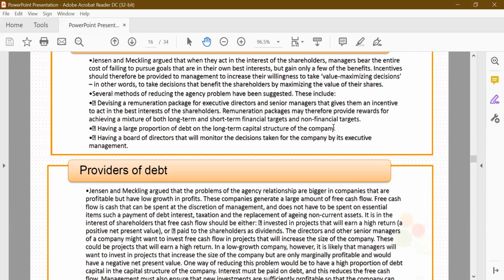Especially for companies that have a large amount of free cash flow, there might be back and forth on how to spend that cash flow, and that cash flow might not be spent in the interest of shareholders. Therefore, for these particular types of companies, if they have a high amount of debt, then that free cash flow can be used to pay the interest on the debt. I hope that makes sense.